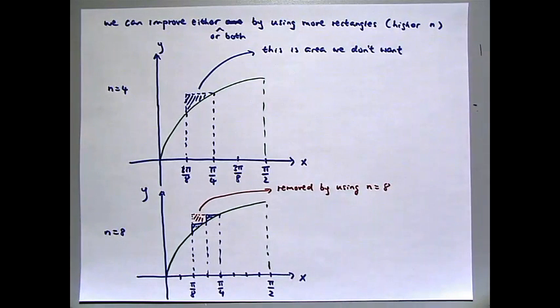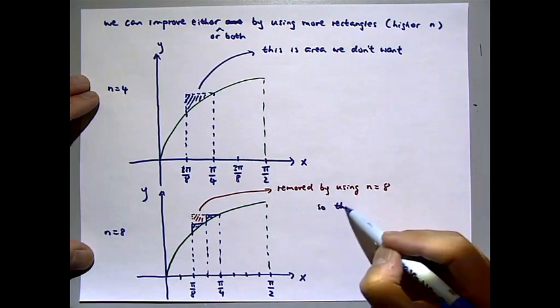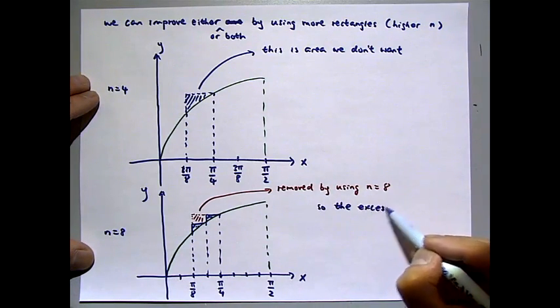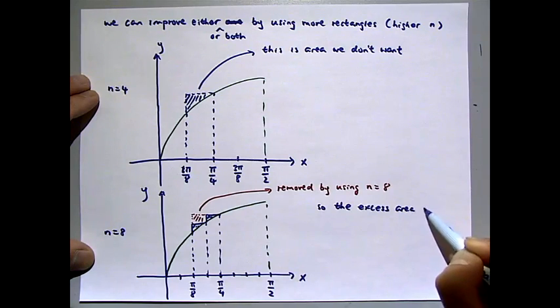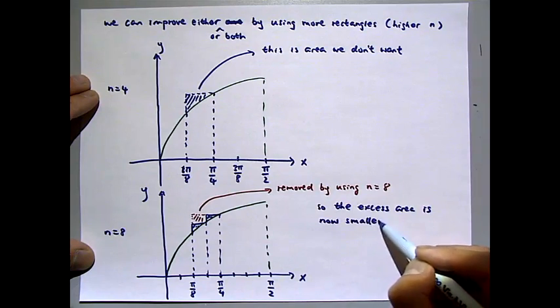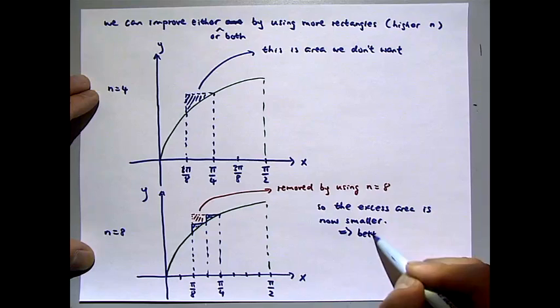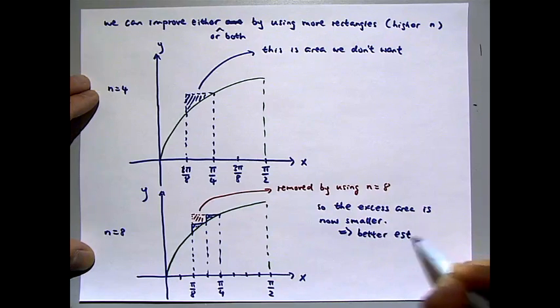That entire thing used to be the excess part we had from n equal to 4, and now by using 8, we remove that little portion. So the portion that we include, that we shouldn't include, is now smaller. So the excess area is now smaller, and what that means is we're going to get a better estimate.